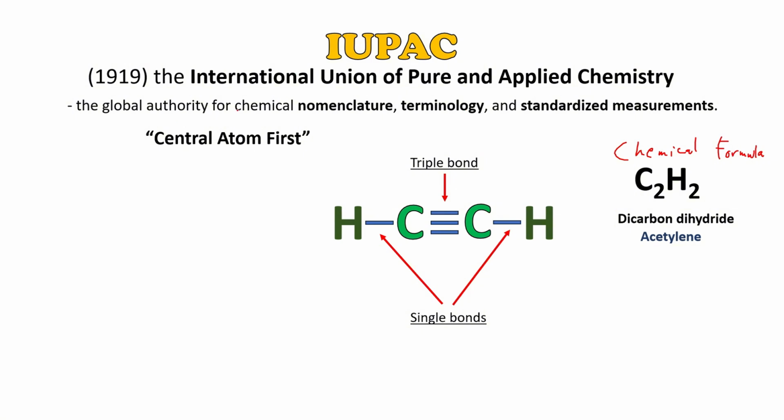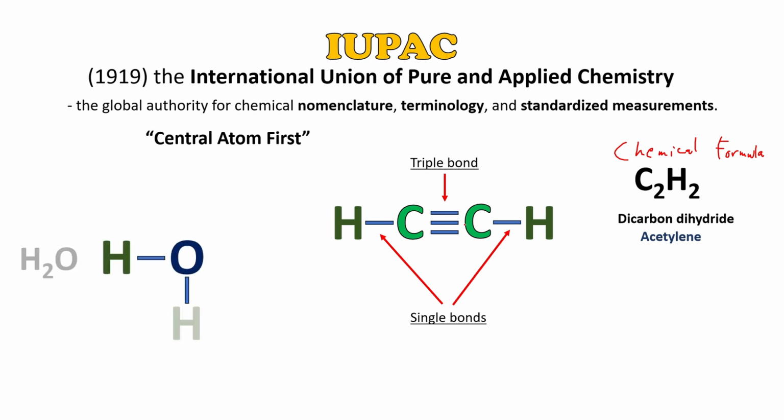For our example here, although the carbon is not the center, because there are two carbons, it is considered the center already because both of them are carbon. So we write carbon first and then H. Okay, so that's the rule that we need to follow when writing covalent compounds.